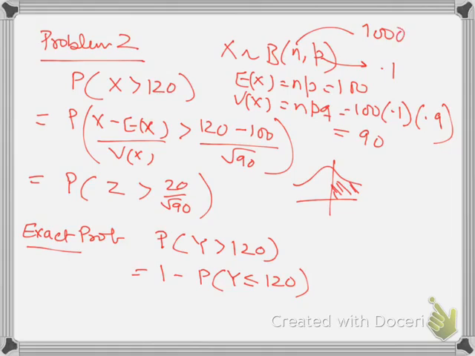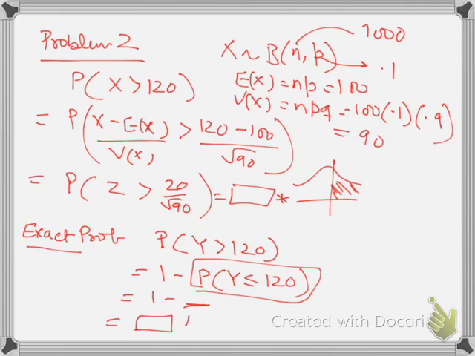It's much easier to find the complementary probability, and this one you can find using the AutoStat app, or I'm not sure if there is a table for 1000. I don't think so. So you'll have to use the AutoStat app and you'll get that. Whatever you get here and whatever you get there, they should be very close, perhaps almost the same. Now if the sample size was small, it would have been a different story.